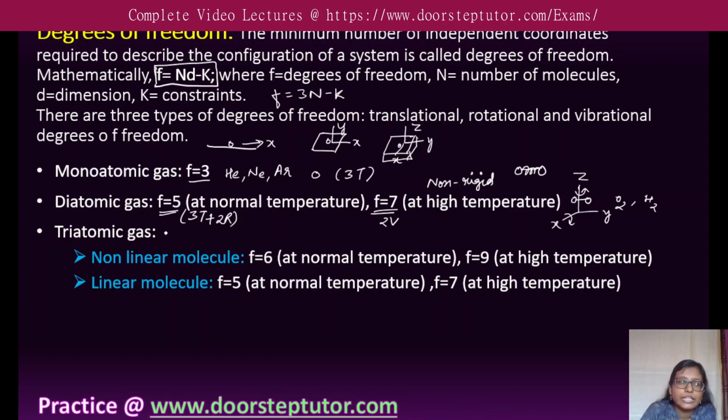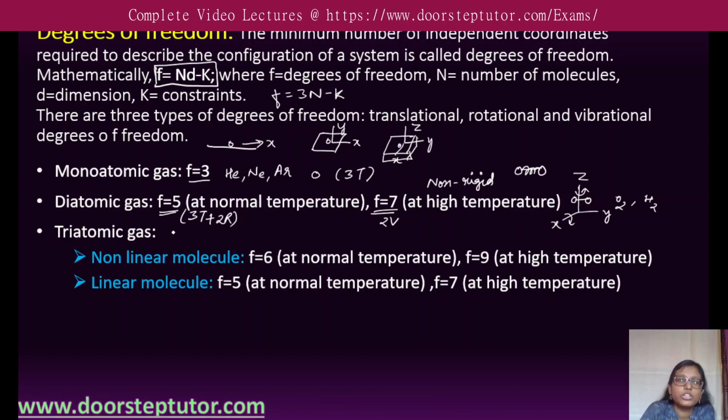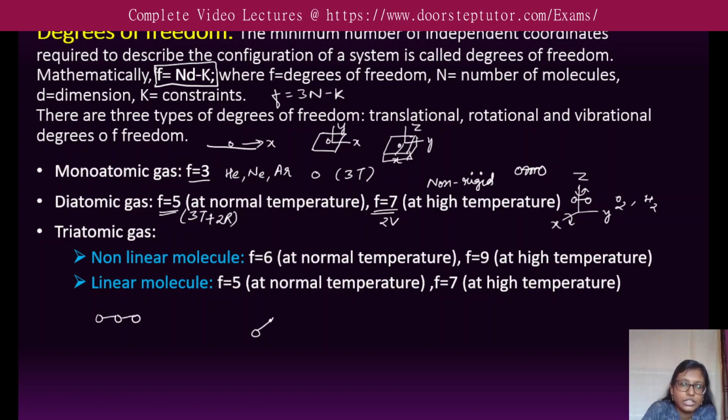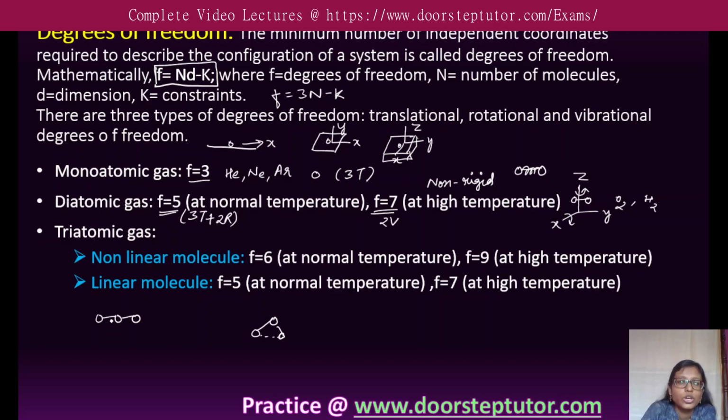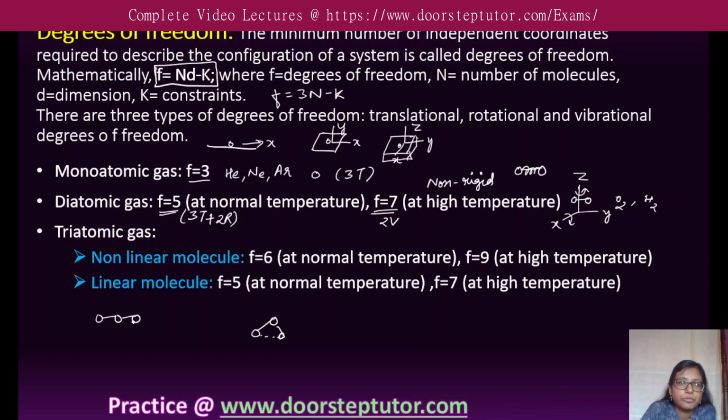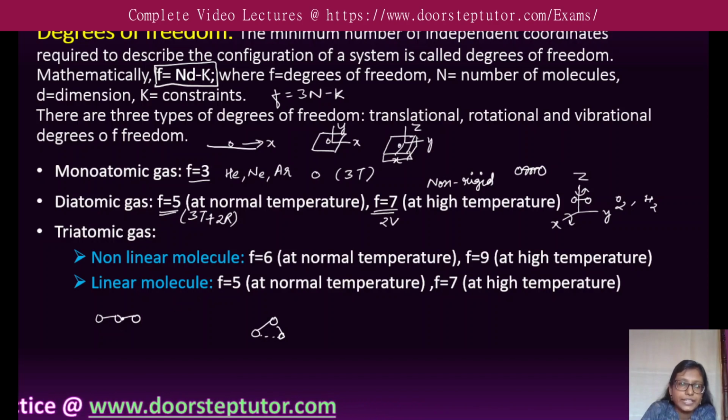Now, triatomic gases are the gases in which the molecules consist of 3 atoms. So these atoms can be arranged in a linear way or in a non-linear way. Now, for linear triatomic gas molecules, again, it can move along all the three coordinates, so it will have 3 translational degrees of freedom.